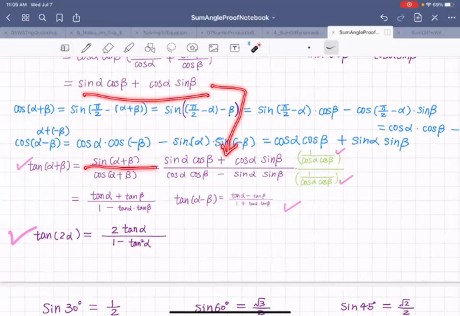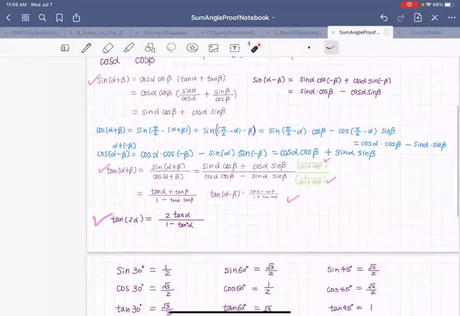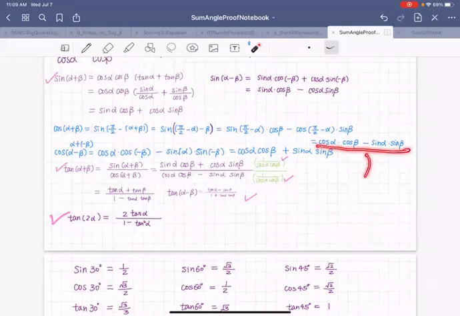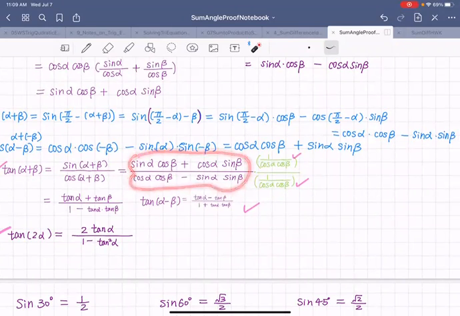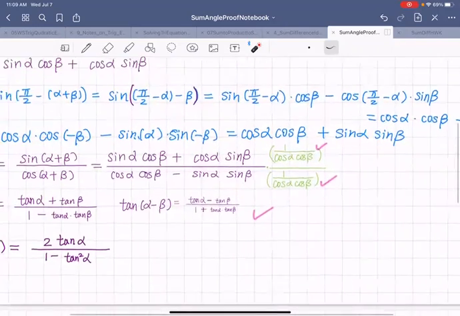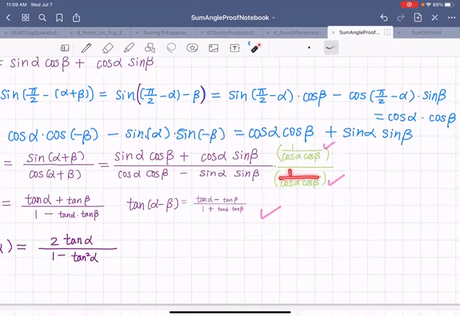For the cosine alpha plus beta, we have the formula over here. So we copy down that guy over here. And then we can divide it. We can multiply by 1 over cosine alpha cosine beta on the numerator and on the denominator.